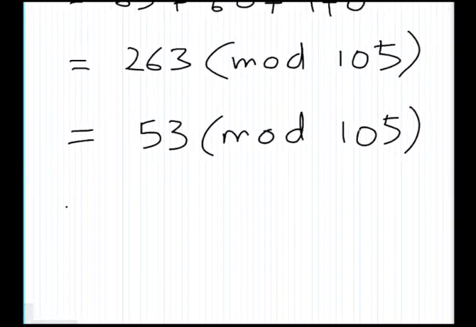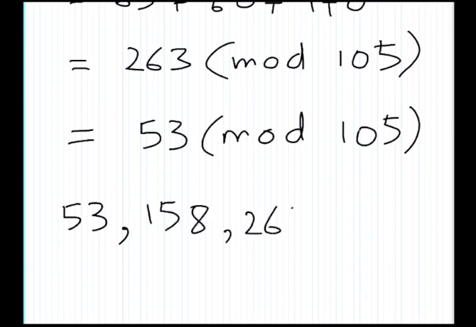So all these numbers, 53 plus 105 is 158, 158 plus 105 is 263, and so on, are the numbers which satisfy the congruences.